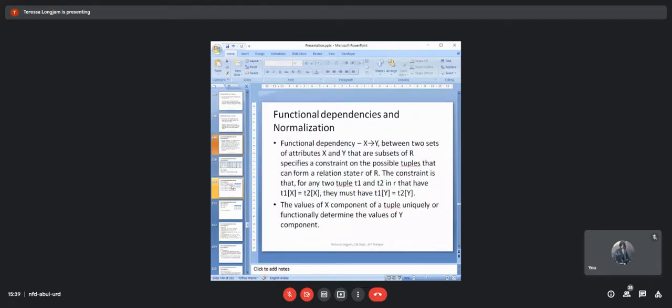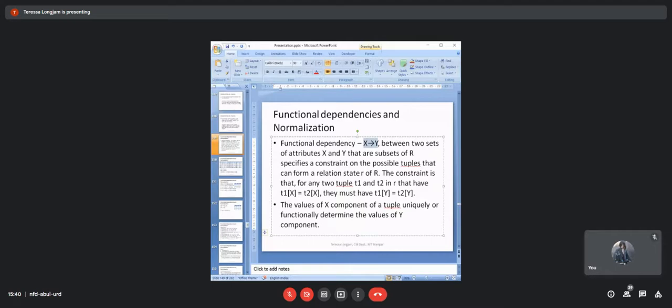So if you can see here, the constraint is that for any two tuples T1 and T2 in R that have T1x equal to T2x, they must have T1y equal to T2y if there is a functional dependency between x and y.